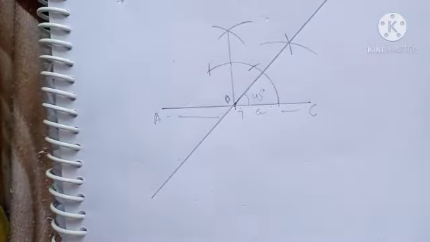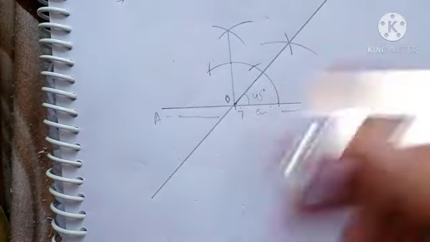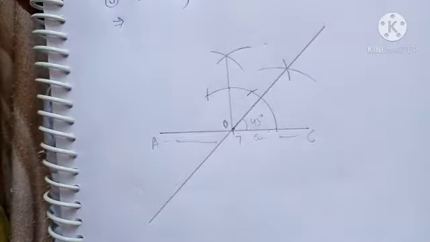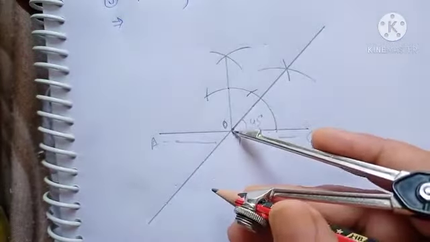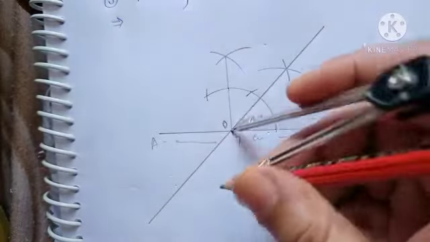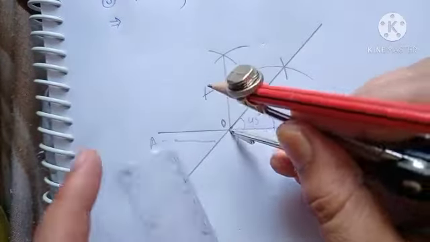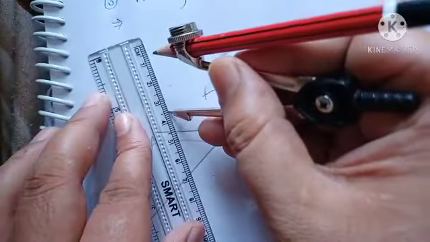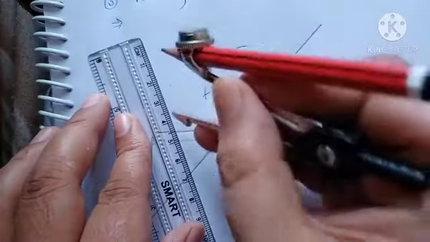We know very well the diagonals of rectangle are equal and bisect each other. So here we will have to take O as center and 3.5 centimeter as radius, because 3.5 is the half of 7 centimeter.